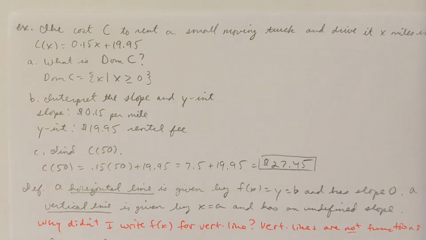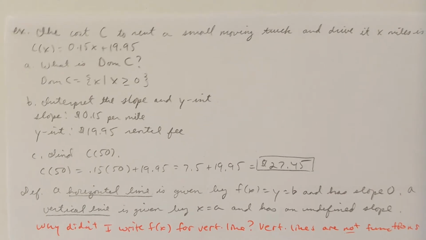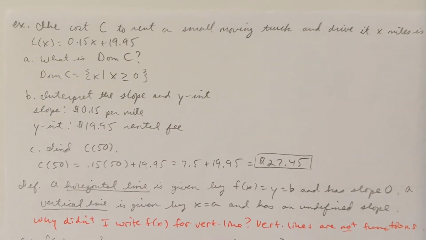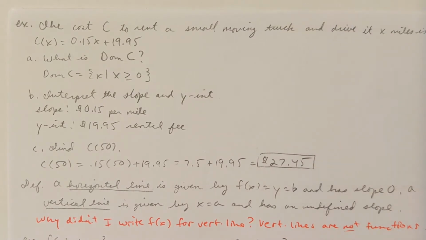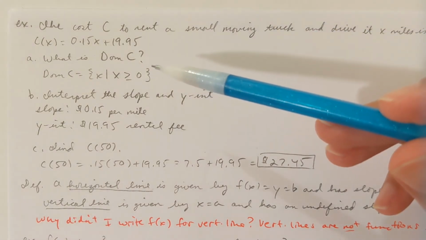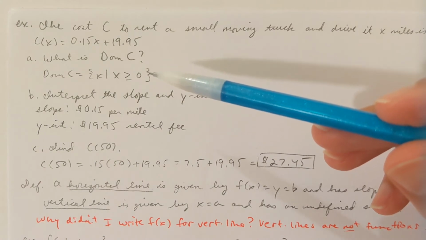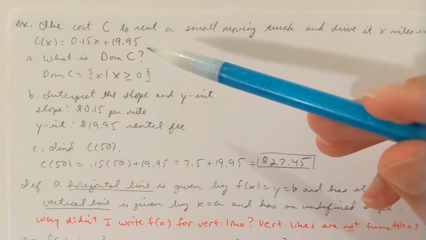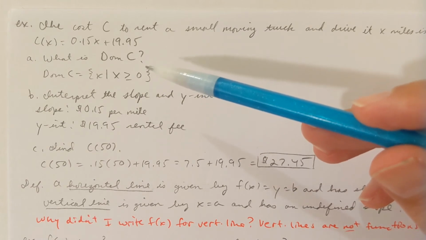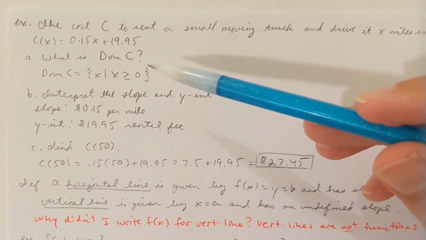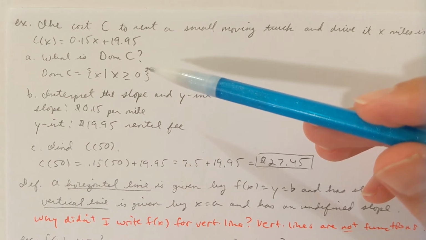Here's an example. The cost C to rent a small moving truck and drive it x miles is C equals 0.15x plus 19.95. What is the domain of C? Well, because C represents a line, and the line can be any number, the only other thing is that now 0 is okay.